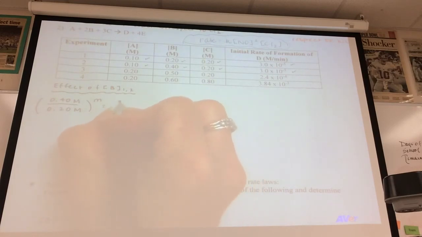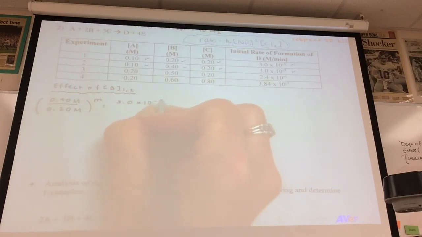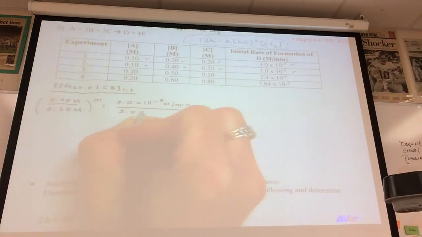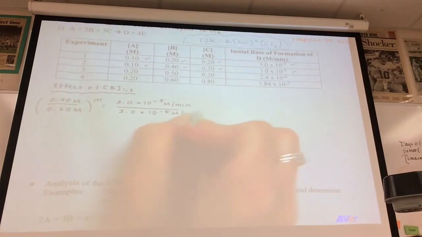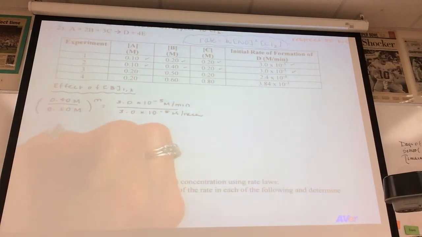I've got 3.0 times 10 to the negative 5 molar per minute over the same. So I've got 0.4 over 0.2 is 2 to the m is equal to 1.